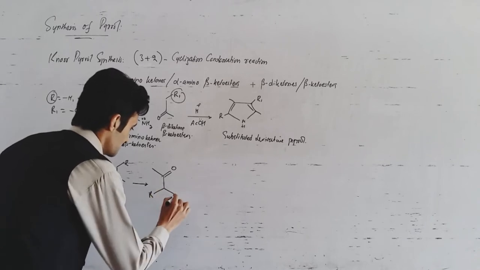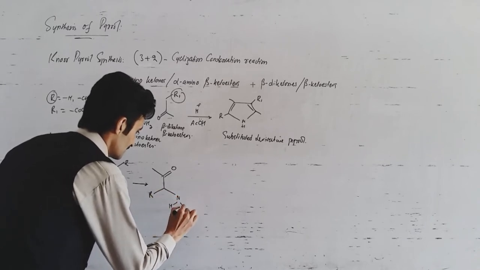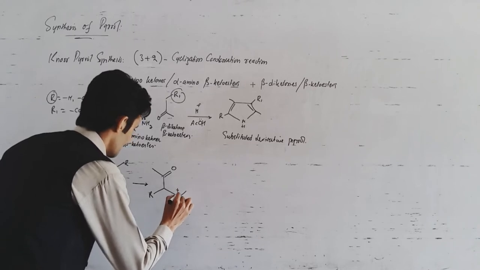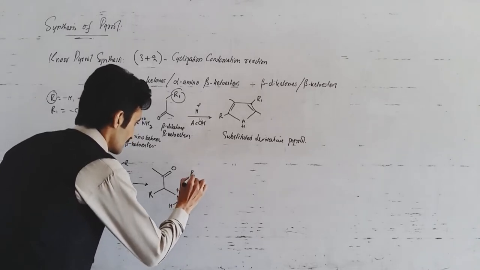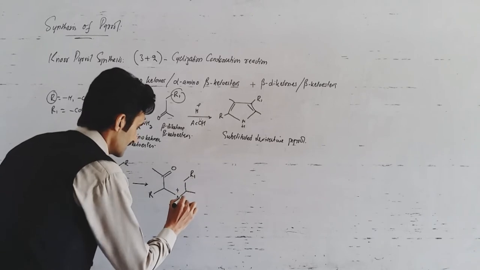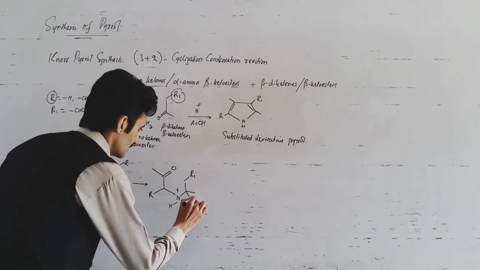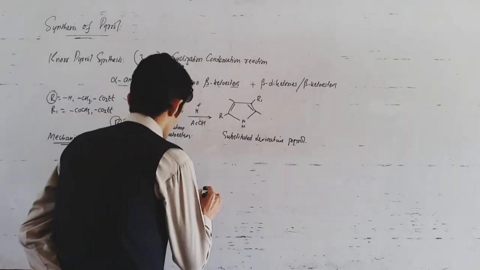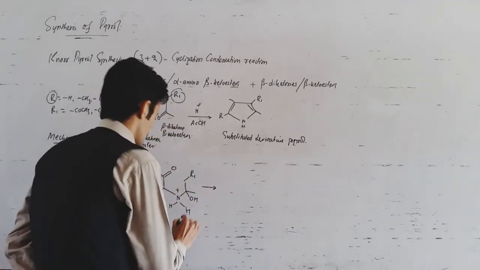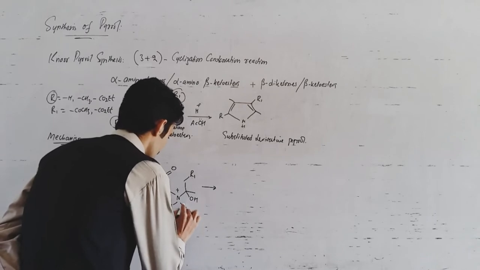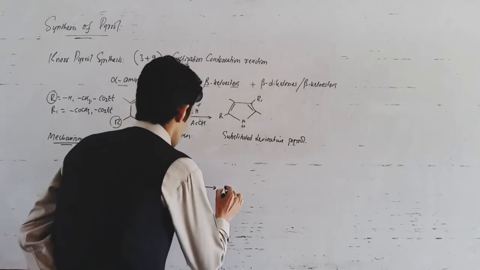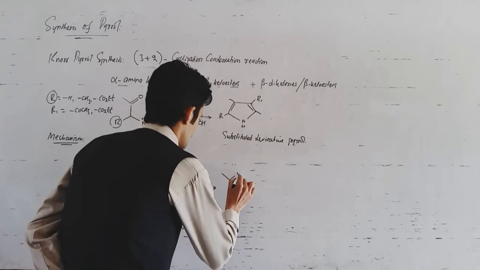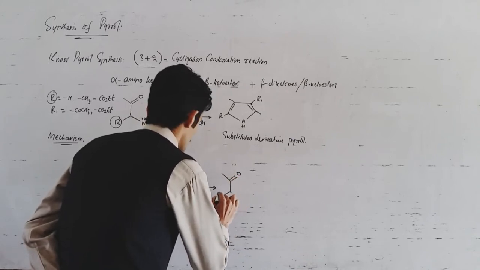This is R, nitrogen, hydrogen, positive charge will be formed. This is R1. Here we already have a methyl group. No, it will be OH group. Okay, in the next step it will also lose a proton to a base in order to diminish the positive charge on the nitrogen atom.